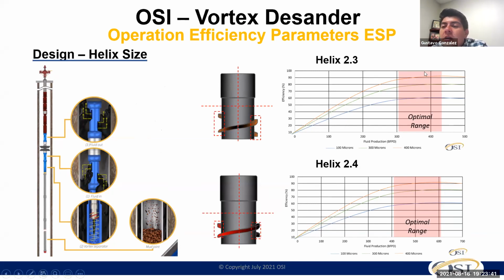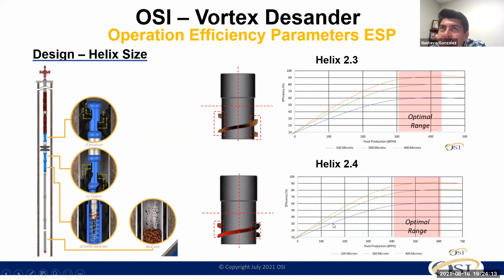What it means is, if you overpass this and it's always operating at 1,000 barrels per day or 800 barrels per day, the range is too big and you're generating too much force that can cut the housing, based on the type of particles you're facing. If you go with just 100 mesh, sometimes that's good, and we want to create that additional force on purpose to push some of the solids through the tailpipe.